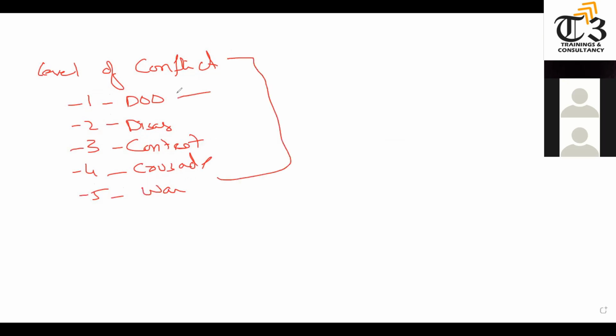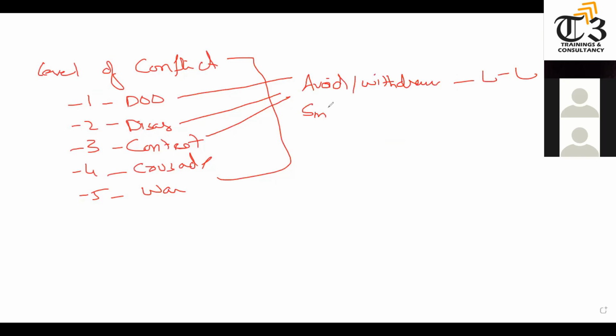So if the conflict is at any of these levels, we have conflict management techniques. What are they? We have avoid or withdraw, where we don't want to deal with it. This is a lose-lose technique where there is no benefit. We could have smooth or accommodate, or buy some time, again lose.